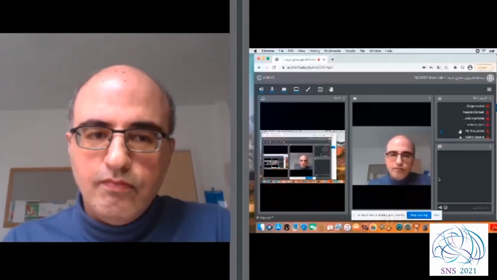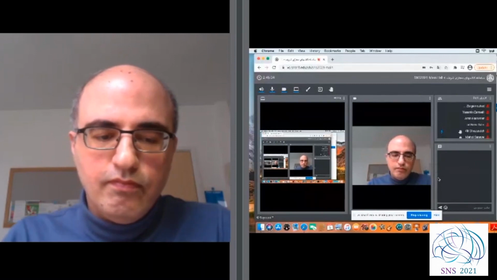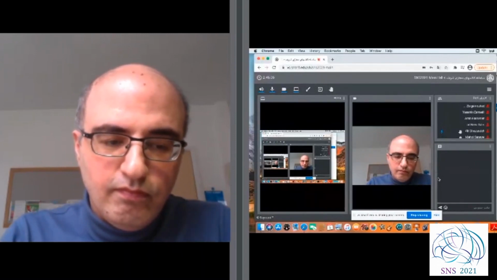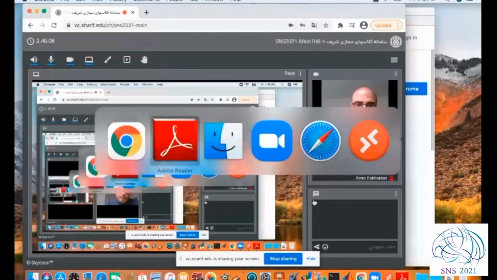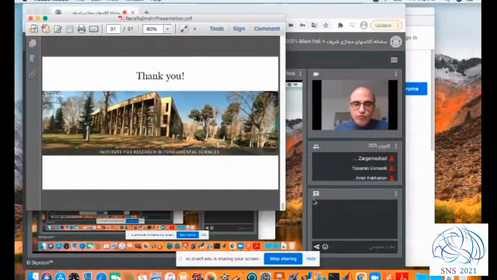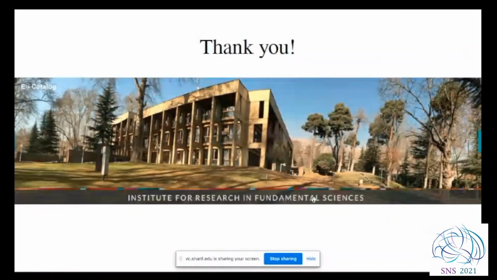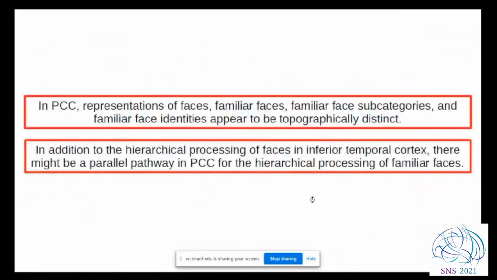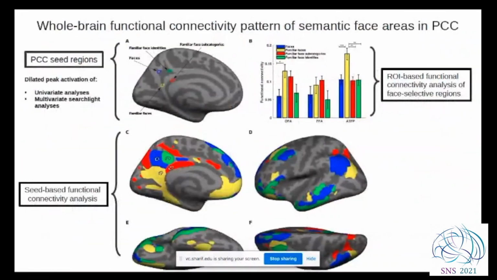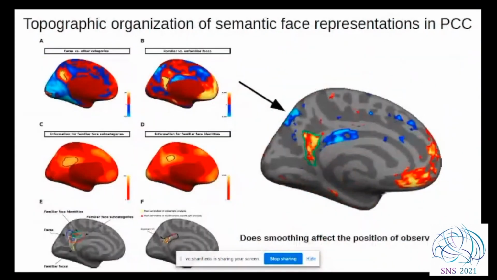You would have expected to see these more advanced analyses in more anterior patches like ATL, but you found these things in PCC, which, as far as I know, in monkey is cingulate cortex, and maybe you can correct me if I'm wrong, cingulate cortex is not really involved in face processing. So what is your take on this region?